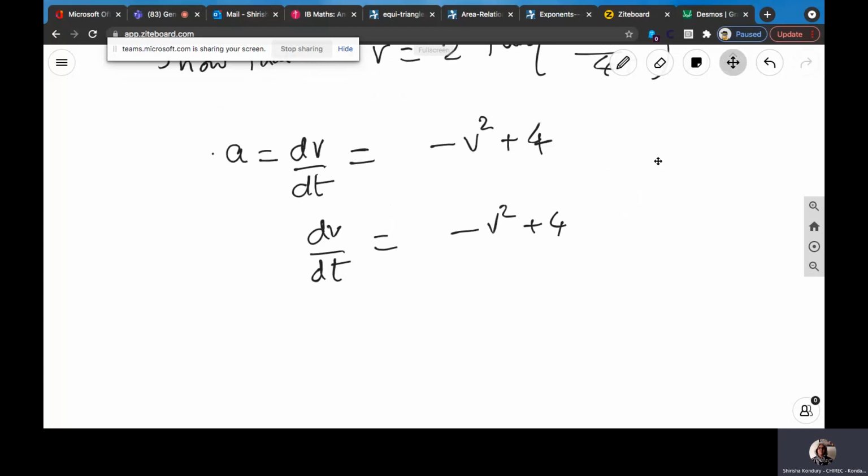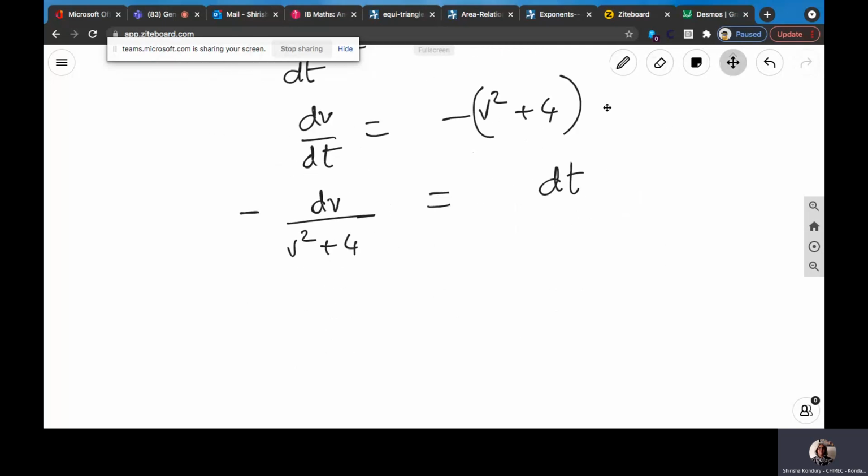So when we write this, I can bring in the variables which are of the same kind. So dv means small change in velocity, and I'm bringing the velocity expression here and the time variable on the other side. I understand we haven't done separable variables yet, but I'm just going ahead and solving it, but I'm going to explain this in the class as well.